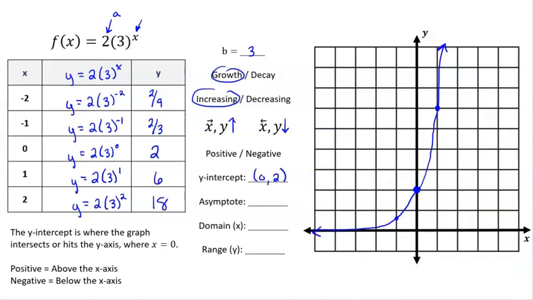And so I went ahead and filled out the rest of my table. My asymptote is still going to be at y equals 0. My domain is still all real numbers, and then my range is y is greater than 0. Just notice that that y-intercept changes, so just be really careful about these.